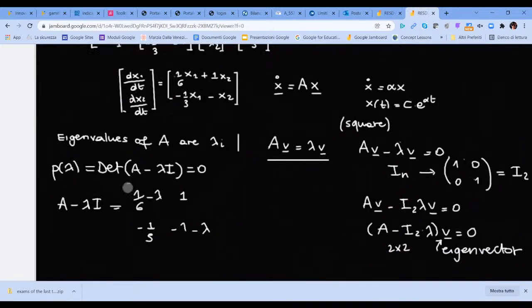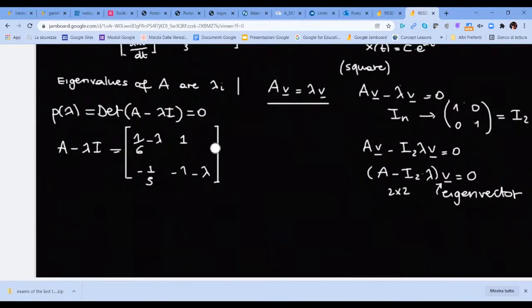And we should compute this polynomial and compute for which value of lambda this polynomial is equal to 0.